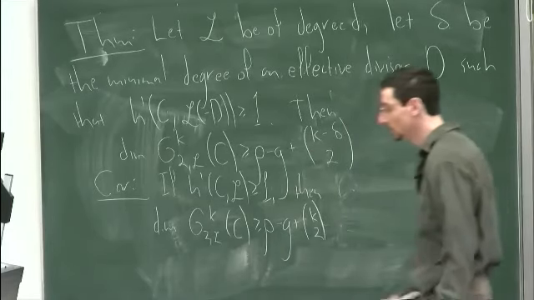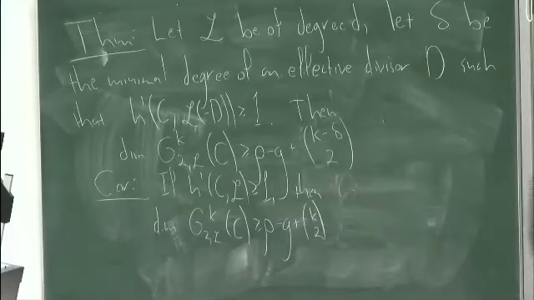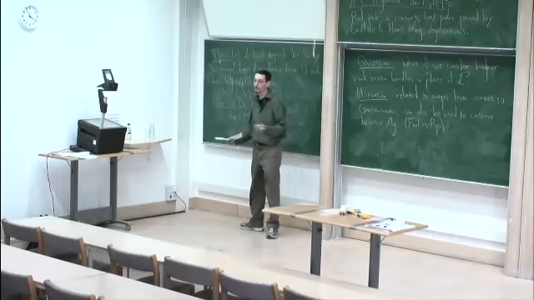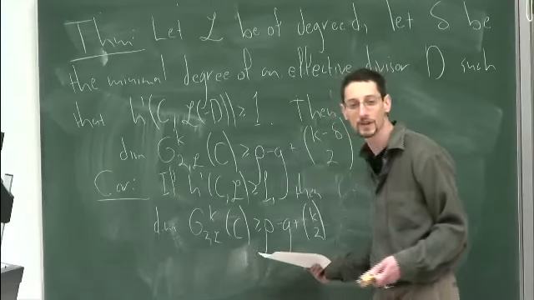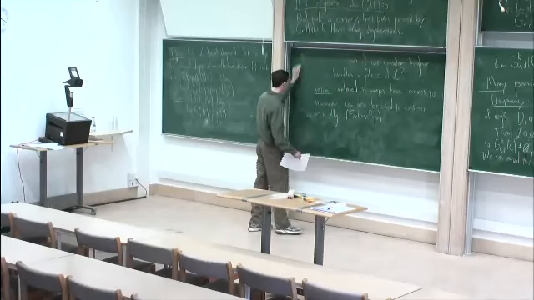So now we expect, of course, that in some sense the more special L is, the larger modified expected dimension we should get. And so we try to generalize this.